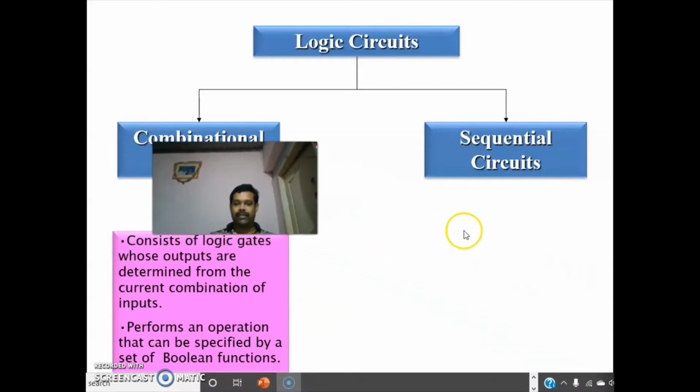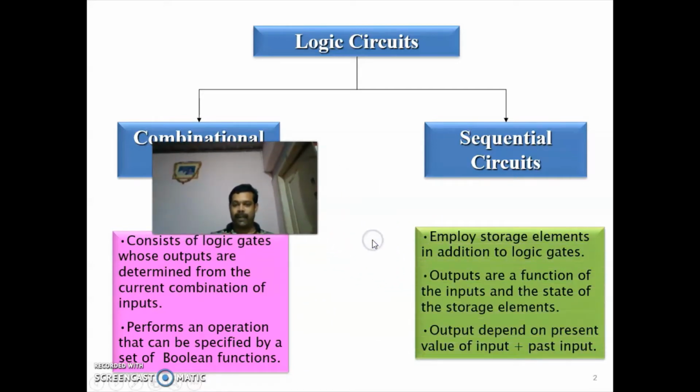Now we come to sequential circuit. The sequential circuit will be having combinational circuit plus storage elements. The storage elements may be flip-flop or latch. So here in the sequential circuit, the output is a function of both the input and the state of storage elements.